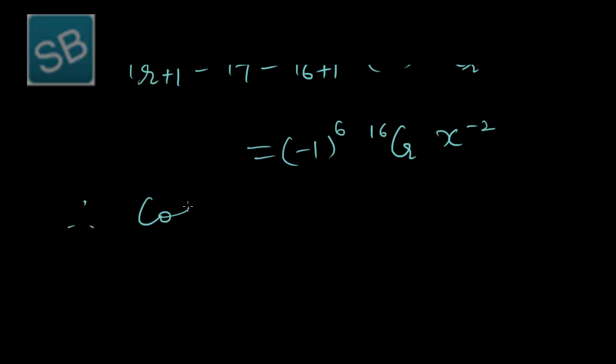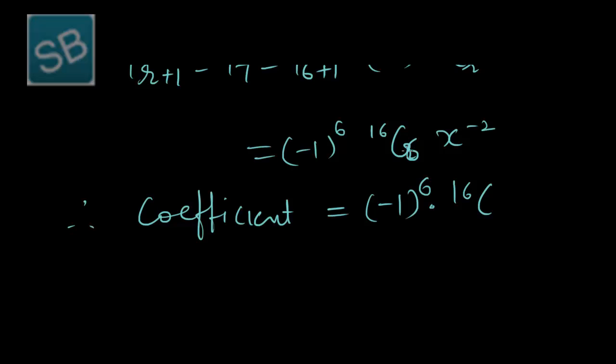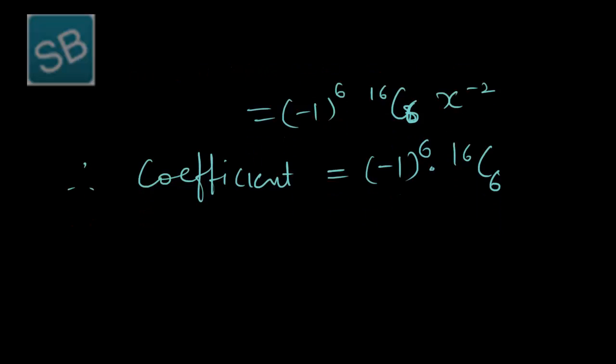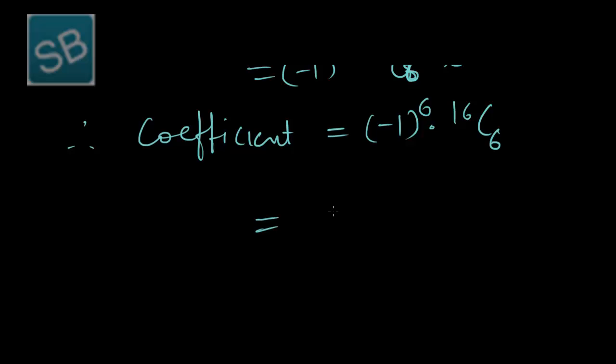Therefore the coefficient is minus 1 raised to power 6 into 16C6, that is minus 1 raised to power 6 is plus 1, it is 16 factorial over 6 factorial into 10 factorial.